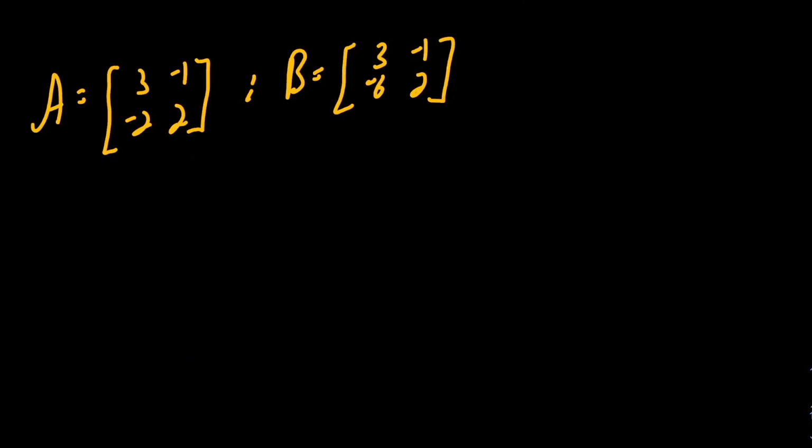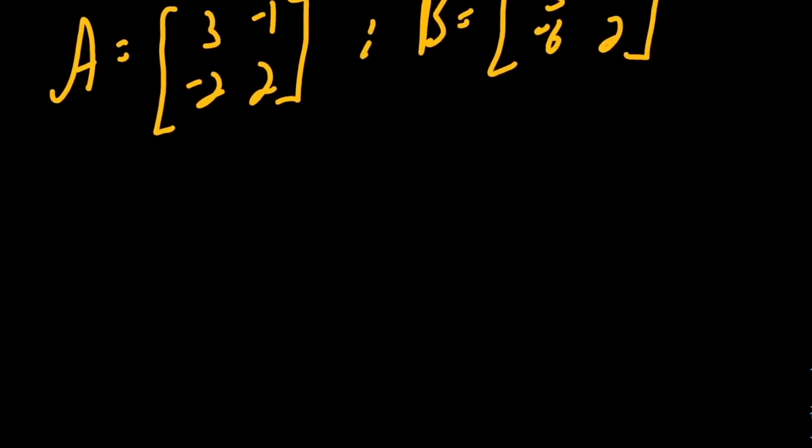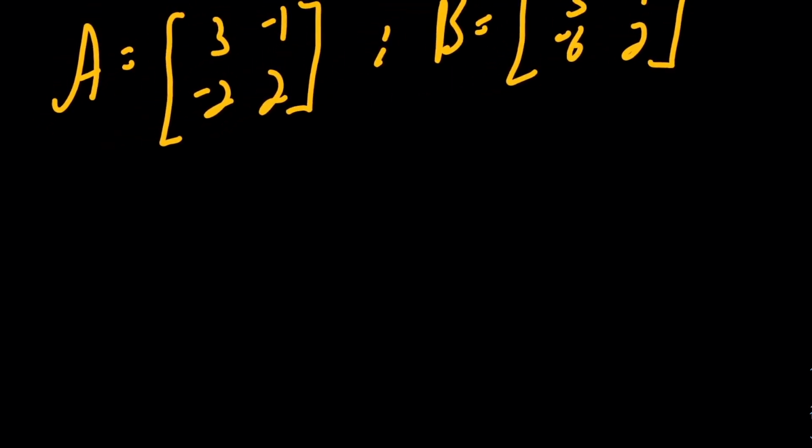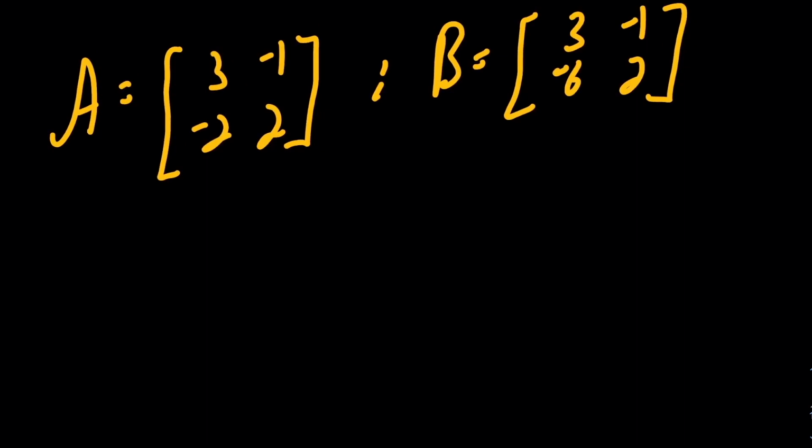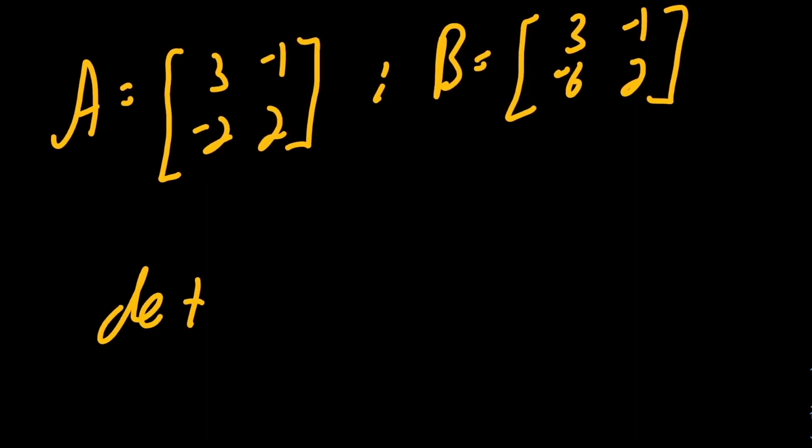Okay, so we're going to do an example that requires employing determinants. So we're given two matrices, two 2x2s, and we're going to find the inverse of each matrix using determinants. So for determinant of A, and by the way, determinants can be denoted as det of the matrix.